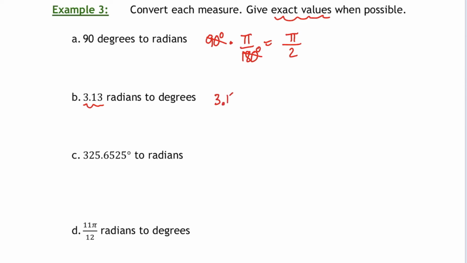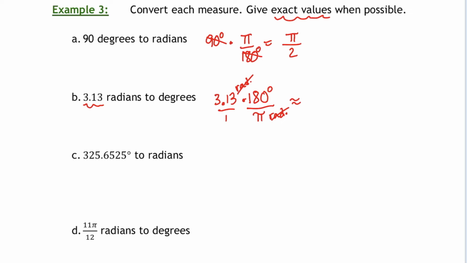If it's already a decimal, however, it is okay to write your final answer as a decimal. So if I'm changing this one, 3.13 radians, to degrees, I could multiply by 180 over pi. To keep your direction to multiply by, you can think about the fact that you want your units to divide out. So you want radians on top and then radians on bottom to get this to divide out to an angle measure in degrees.